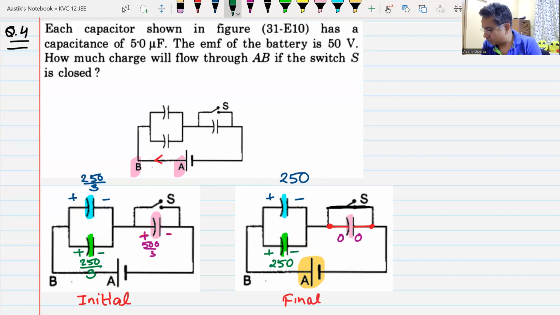Sir, can you explain it once again? What do you want me to explain, beta? Which part you want me to explain? You cannot find out the charge on these capacitors. Which one you cannot find out? How did we get 250, sir?